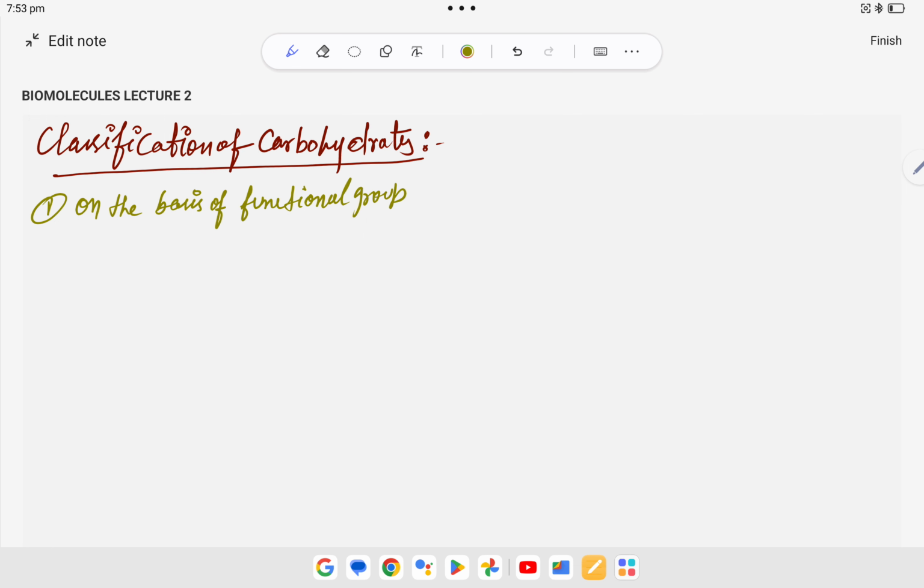In that case, carbohydrates are classified into two categories, children. Polyhydroxyaldehyde, where an aldehyde group is there, and polyhydroxyketone, where a ketone group is there.